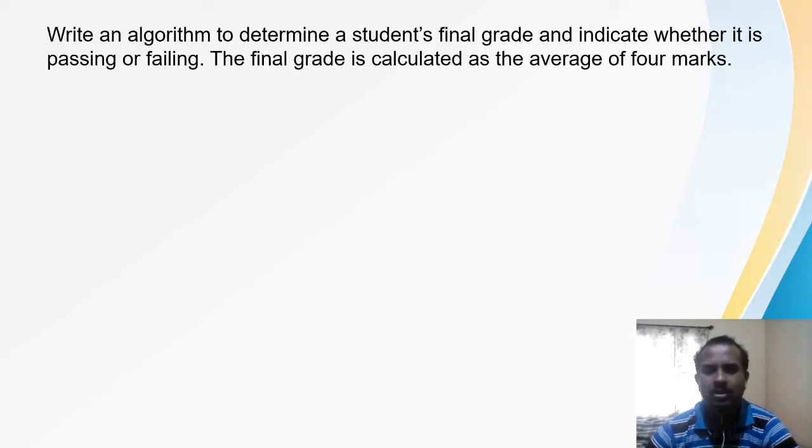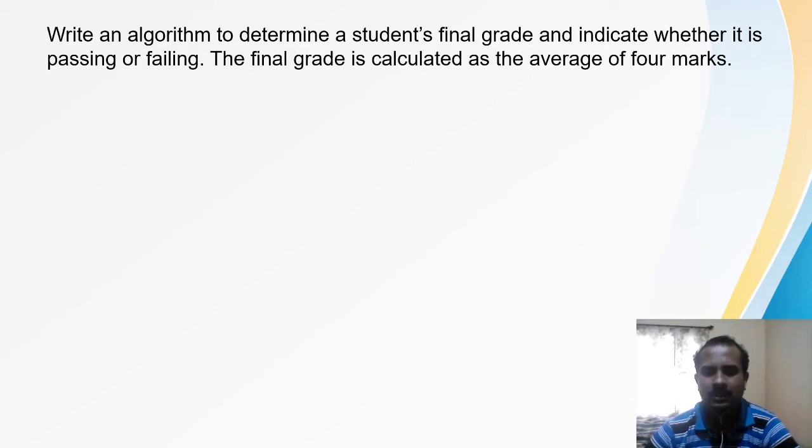So we have to calculate the student's final grade, whether he is passing or failing, based on his marks. We have to calculate the average of 4 marks. So we have to get the 4 marks, then calculate the average of that. Afterwards, we have to determine whether the student is passing or failing.